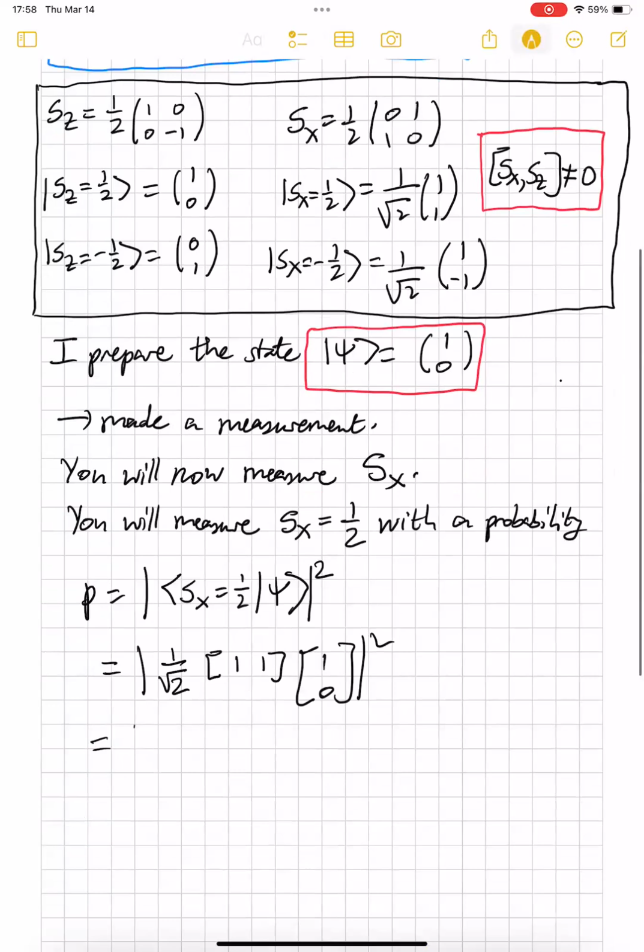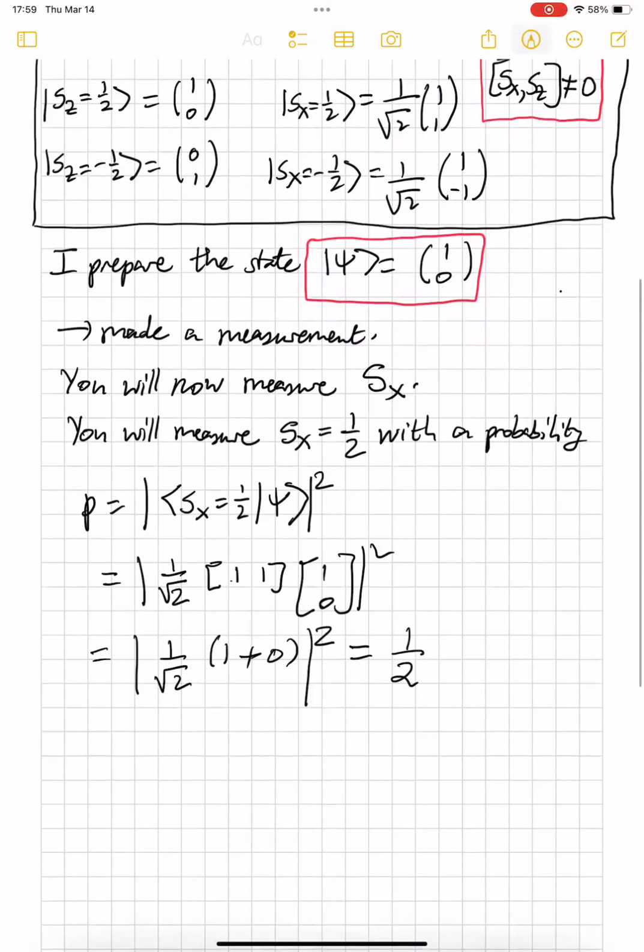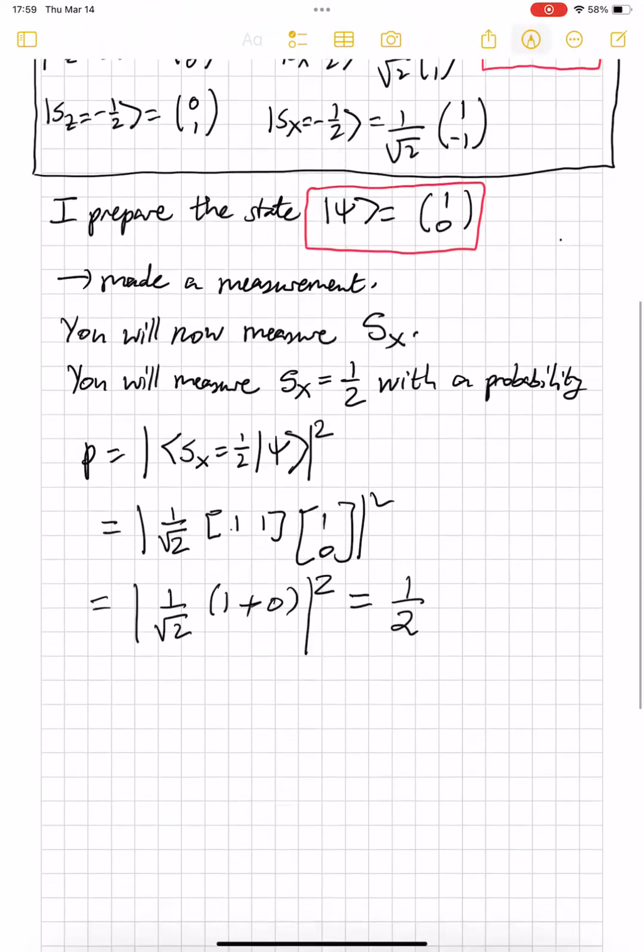Well, I've got 1 over square root of 2, and 1 times 1 is 1, plus 1 times 0 is 0. This is just 1 over square root 2, and the mod squared of 1 over square root 2 is just 1/2. So you're going to measure Sx equal to 1/2 with a probability of 1/2.